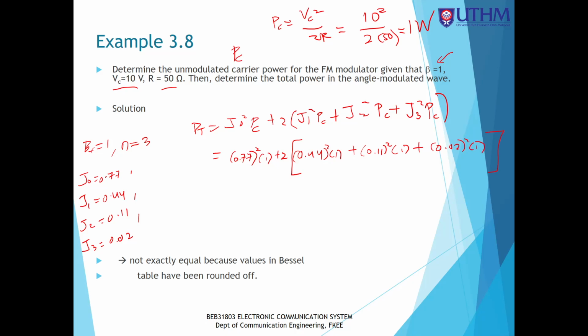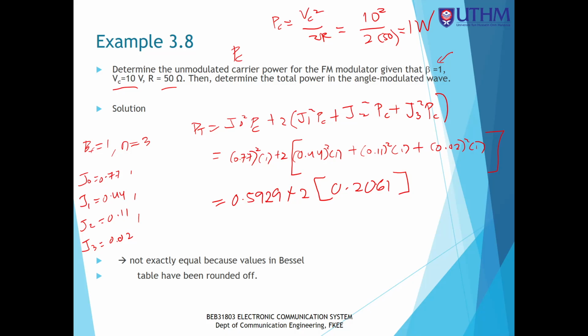Close big bracket. So how much is this? Let's try to use your calculator. 0.77 square is 0.5929 plus 2 times 0.44 square plus 0.11 square plus 0.02 square. So you're gonna get 0.2061. Please correct me if I'm wrong.